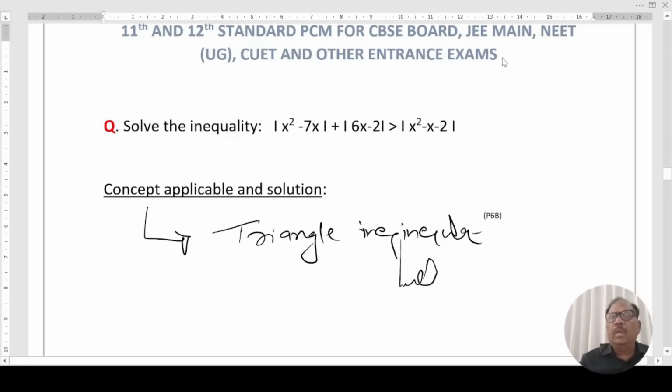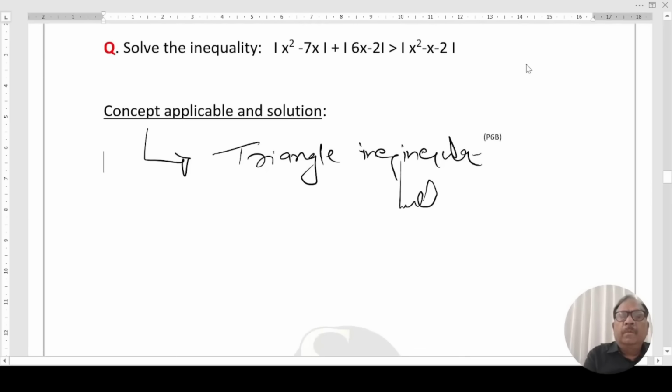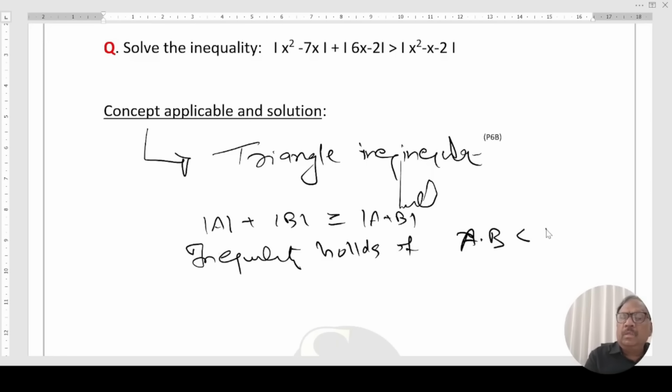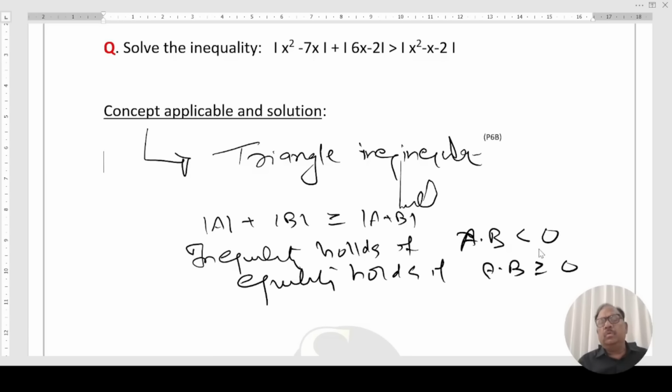Triangle inequality. What is that? Mod A plus mod B is greater than or equal to mod A plus B. Inequality holds if A into B is less than 0, and equality holds if A into B is greater than or equal to 0.